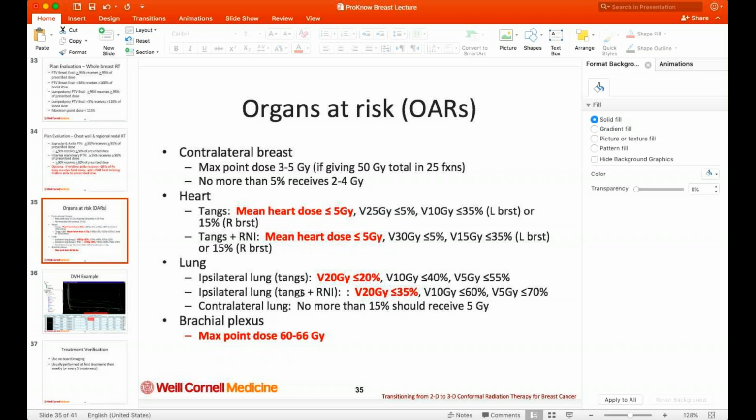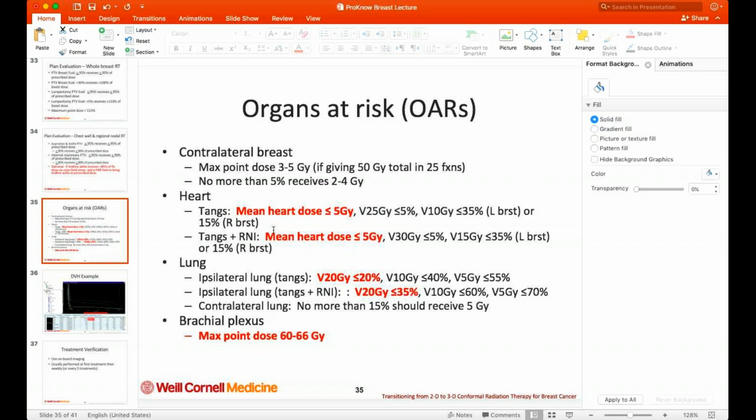With the heart, there are multiple parameters. I listed a lot of parameters that are acceptable for the heart dose, but if you have to remember one, a mean dose of less than or equal to 5 gray, I think, is acceptable.